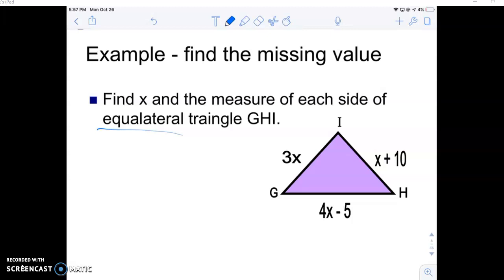Remember, equilateral means all of those three sides are the same length. Since I know all three of these are the same, that means this and this are equal to each other. So if I know they're equal to each other, I can set them up as an equation, set them equal to each other, and then we can solve for x. So that's what I'm going to do.